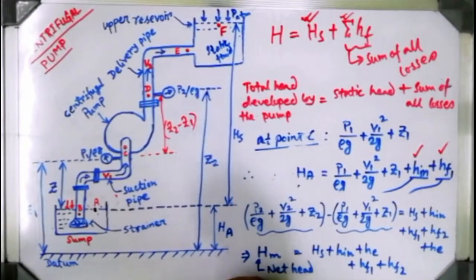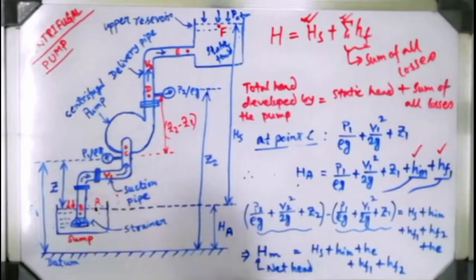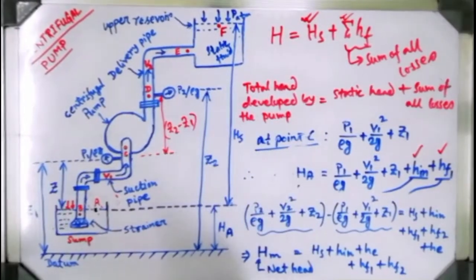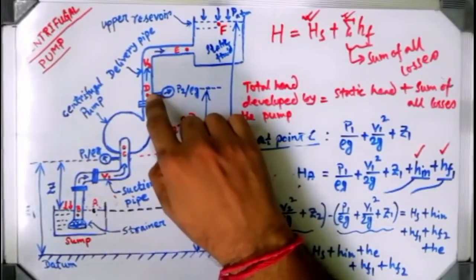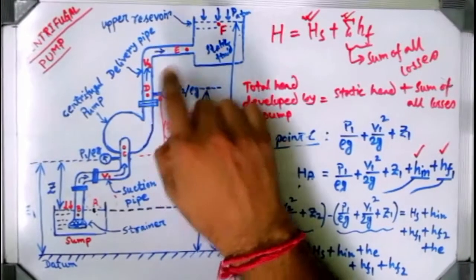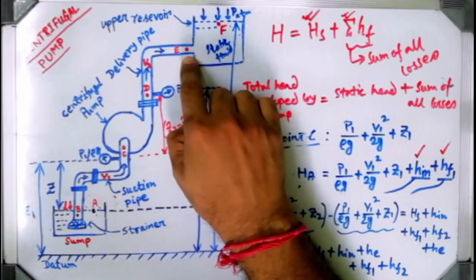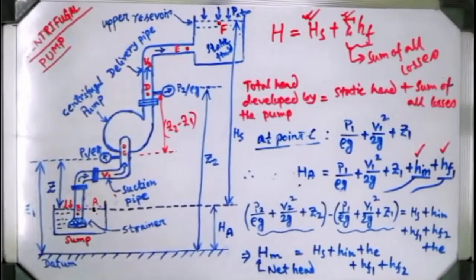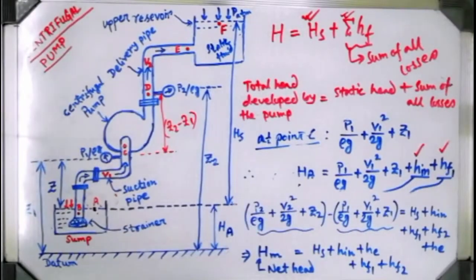Every point of time when a fluid is traveling along a pipe, energy is gradually getting dropped, so the pressure energy available at point D obviously will not be equal to point E. So that is it.